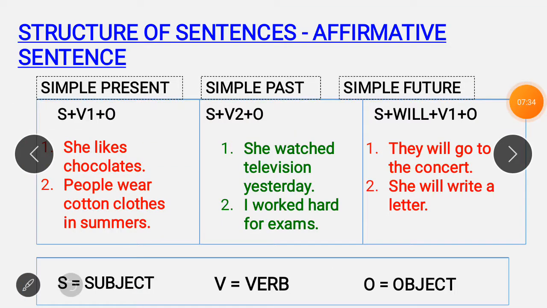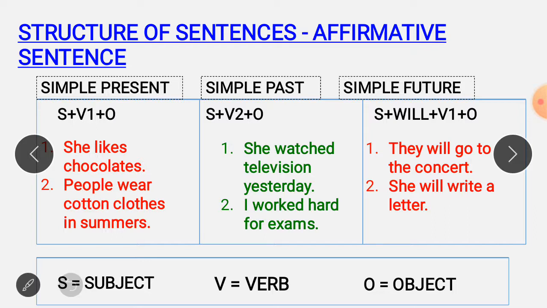Now let's move on to the structure of sentences. In this we have three categories: affirmative sentences, negative sentences and then interrogative sentences. Now let's begin with the affirmative sentences. They are the positive sentences and they are mainly used to express or declare something.